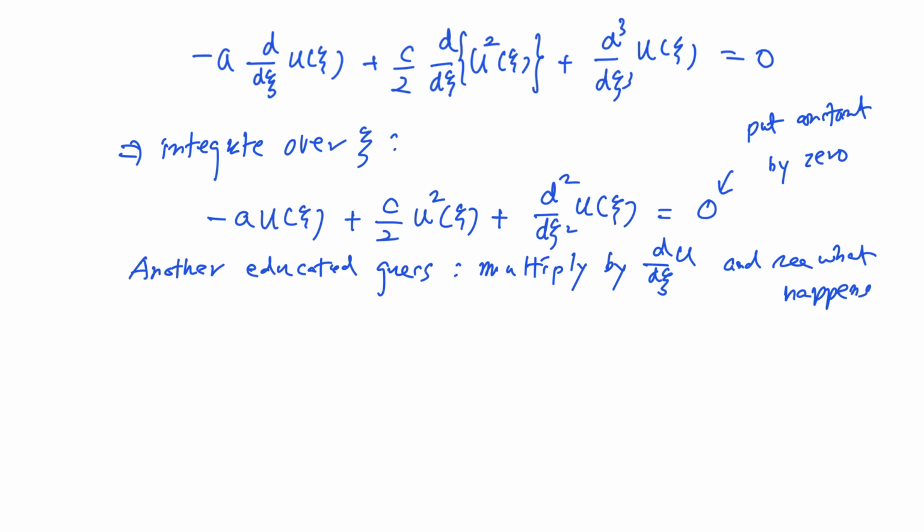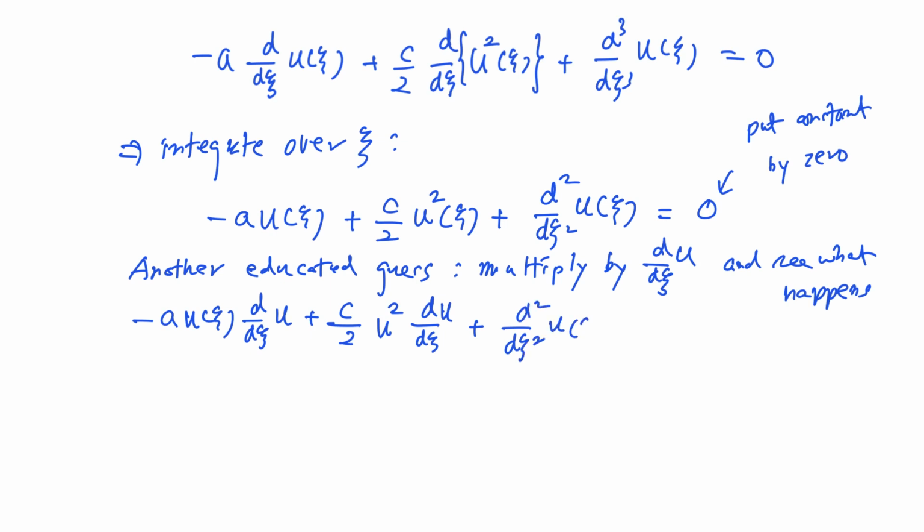So minus a u psi t psi du plus c over 2 u square t psi du plus t psi square u psi t psi du.